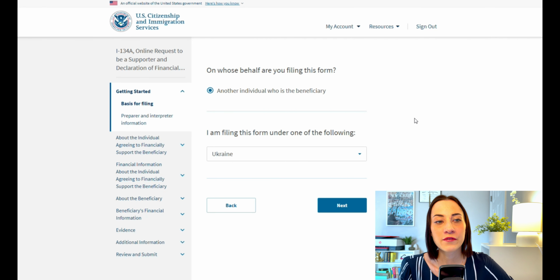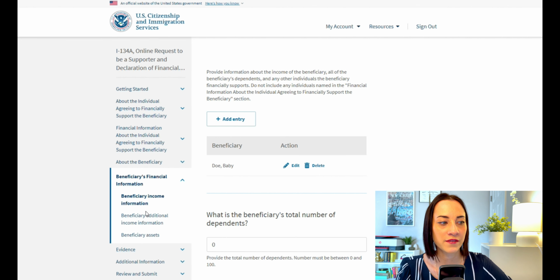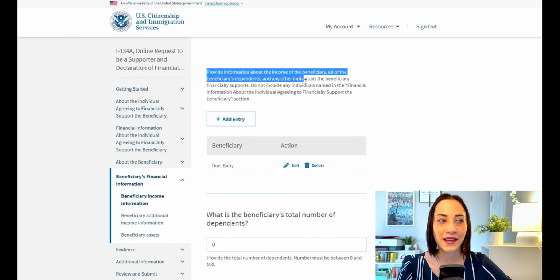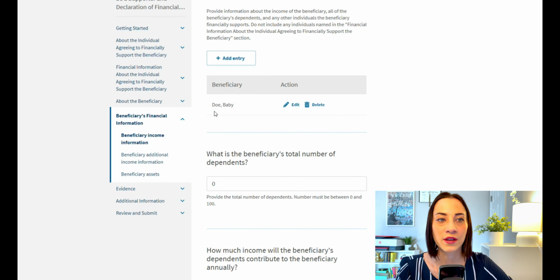If you are submitting the form I-134A for a minor child, I wanted to pay your attention to the section called Beneficiary's Financial Information, and in this particular section, you will fill out information about the beneficiary's income and beneficiary's dependents. Thinking about this logically, you most likely will only have to input the name of the minor child in here.